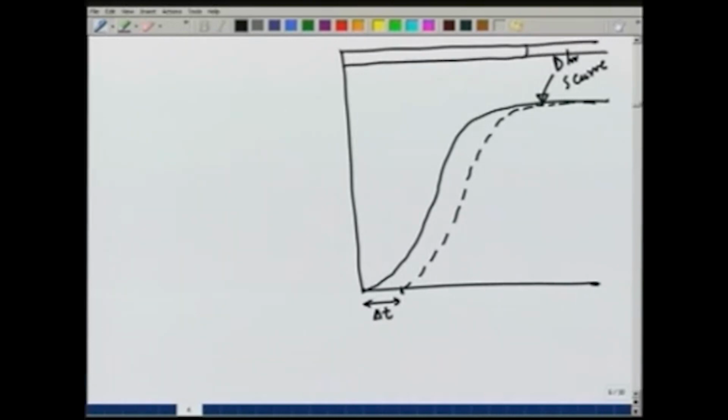Again, ERH will go on till infinity, and then the ERH for the second curve will start from delta t, will have the same intensity 1 over d, but a difference of delta t in the starting point.